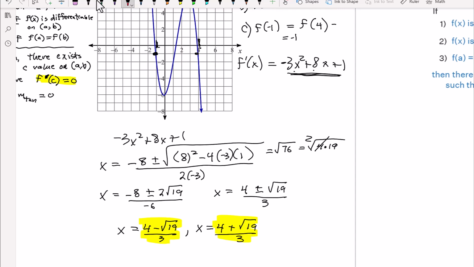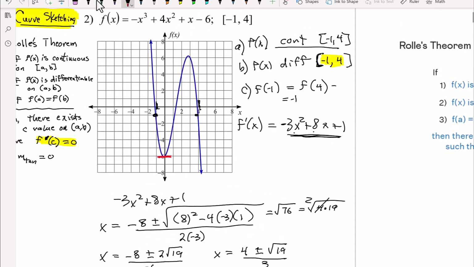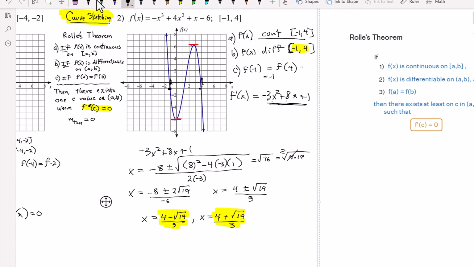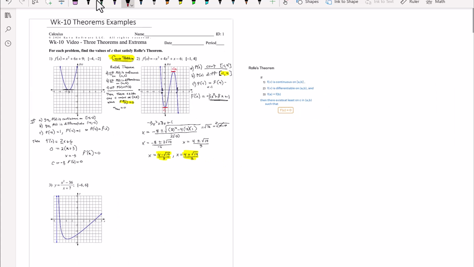And you can tell because this one's graphed, there is a value right there. In fact, there's two of them, so both of those work: both for subtract root 19 over 3 and for plus root 19 over 3. And those are those two c values right there. Just like that. All right.